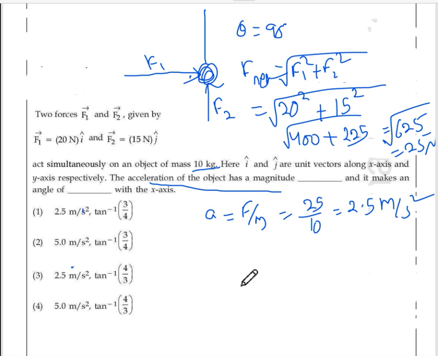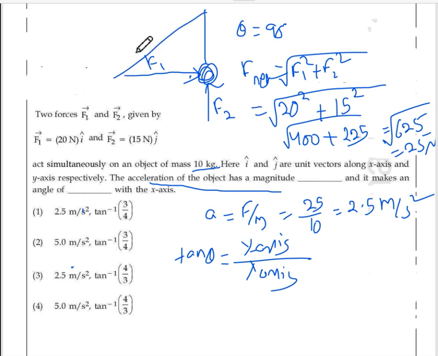We have to find the angle. If you remember, tan theta will become the force along the y-axis divided by the force along the x-axis. The y-axis force is 15 and the x-axis force is 20.